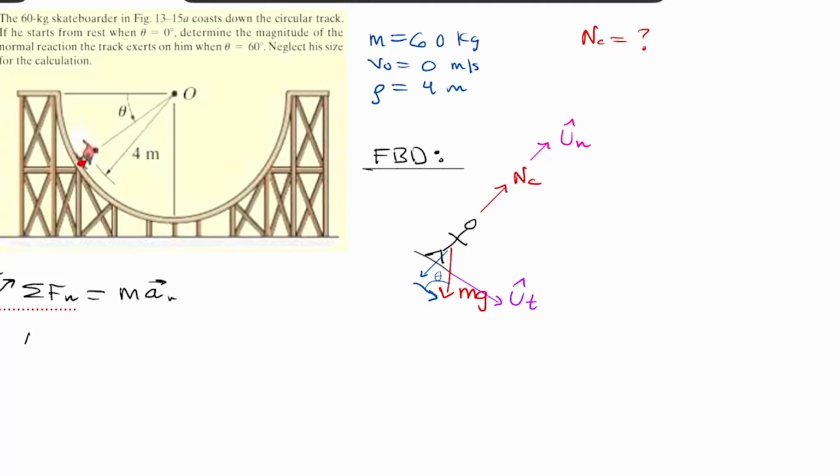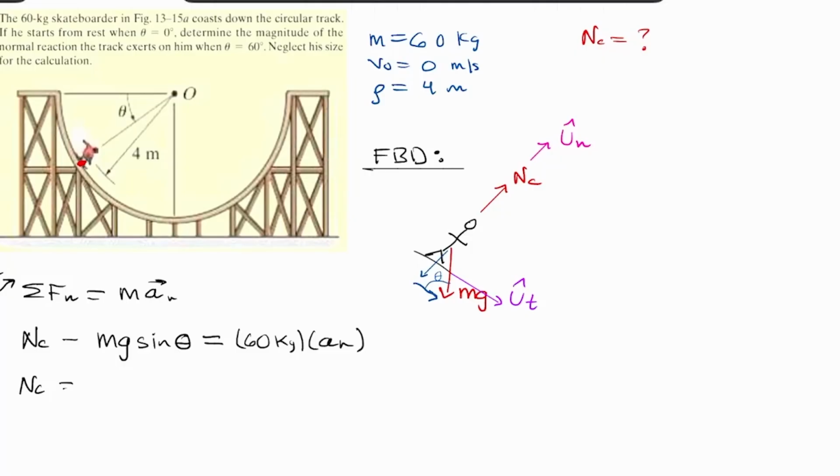So we have the normal force minus a component of the weight times sine of theta, where theta is equal to 60 degrees, and this equals the mass, which is 60 kilograms, times the normal acceleration.